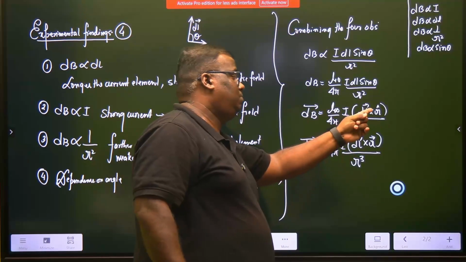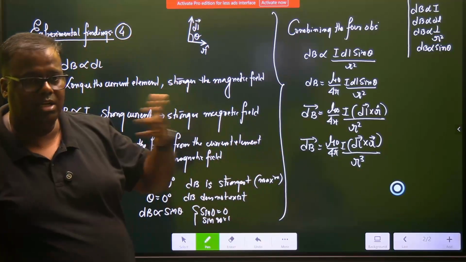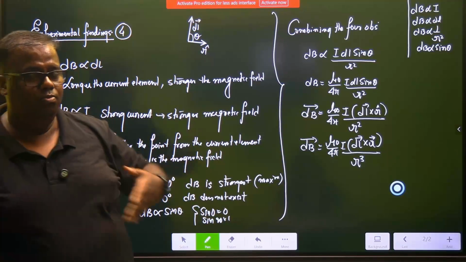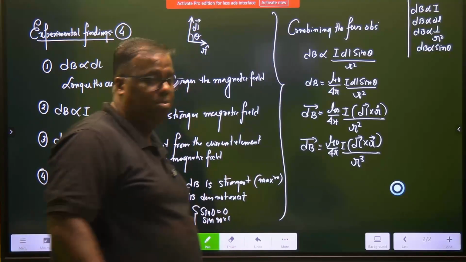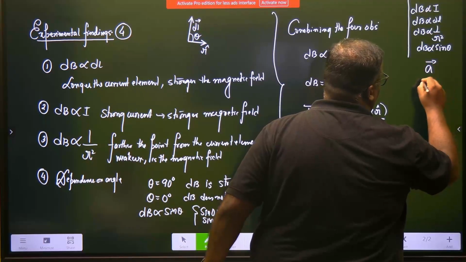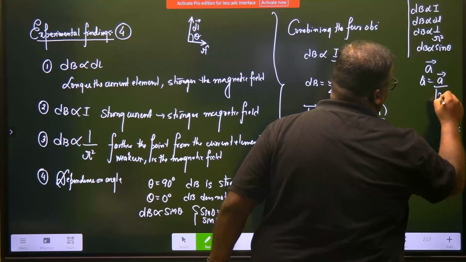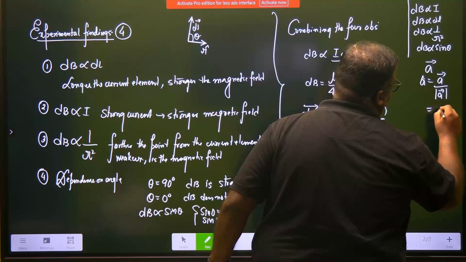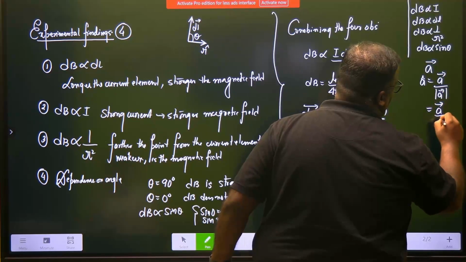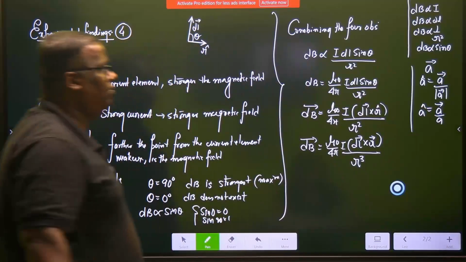Just because I replaced the unit vector. What is a unit vector? A unit vector is the vector divided by its magnitude. If A is a vector, then A cap is the vector A stripped of its magnitude, which is nothing but A by A. The same idea we have used here.